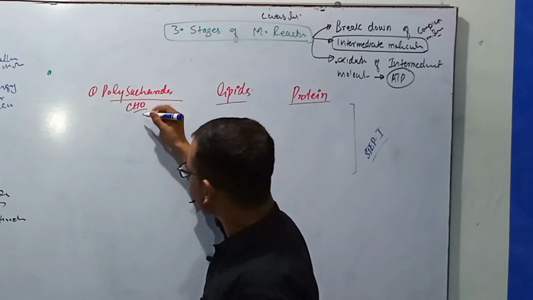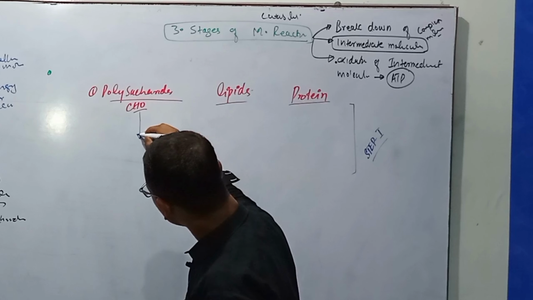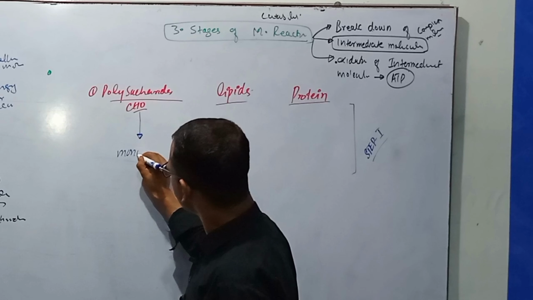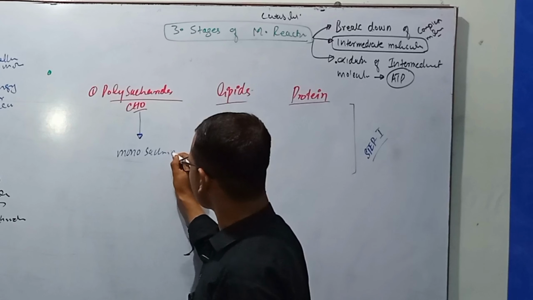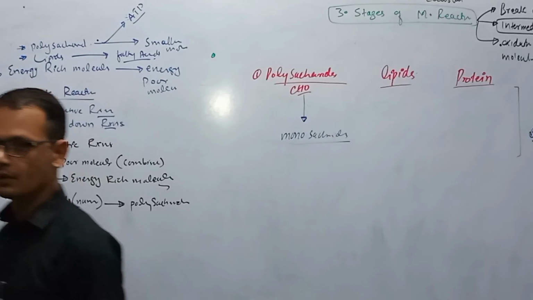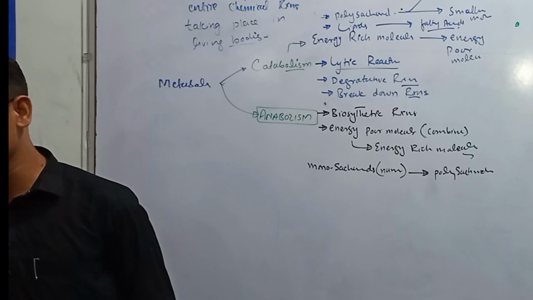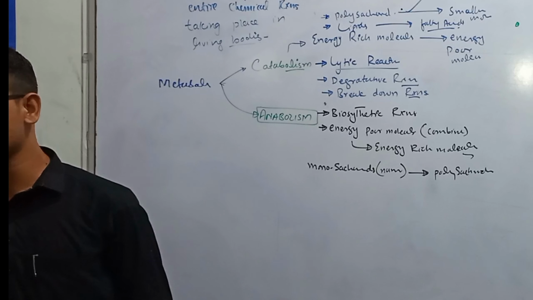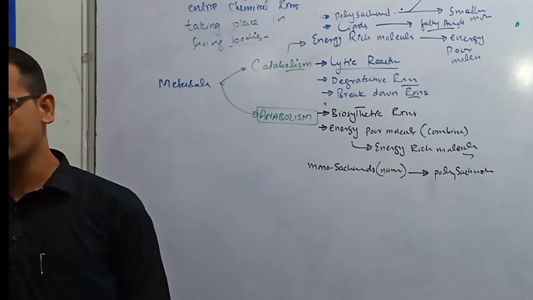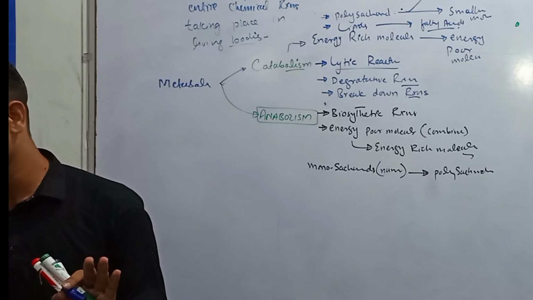So for example, carbohydrate will break down into monosaccharides. What are the important monosaccharides? Glucose, fructose, mannose, galactose. But the most important one is glucose, which is the main source of energy in our body, right?